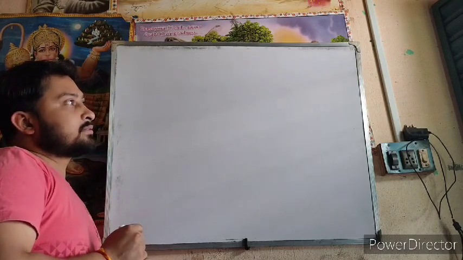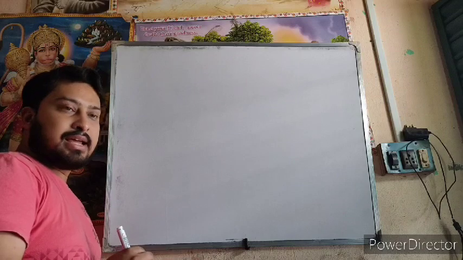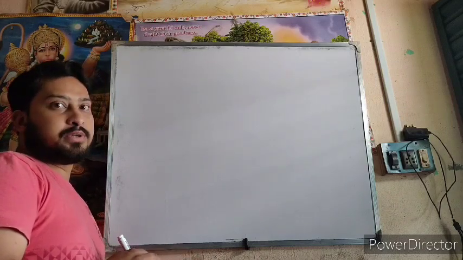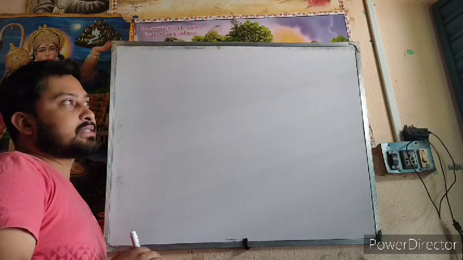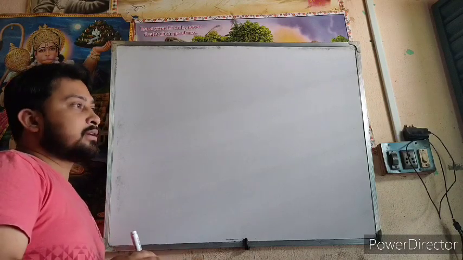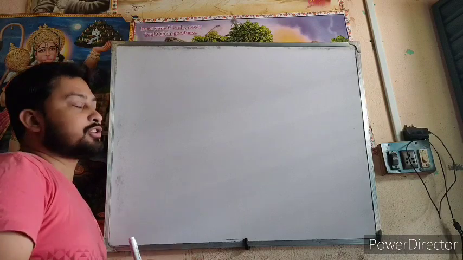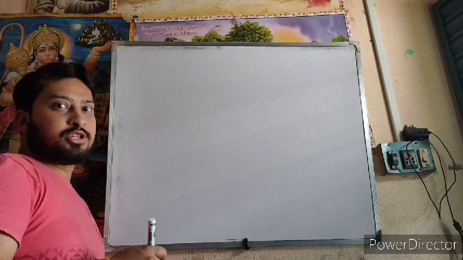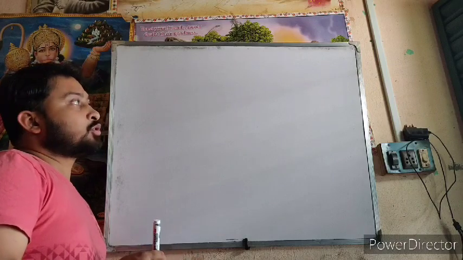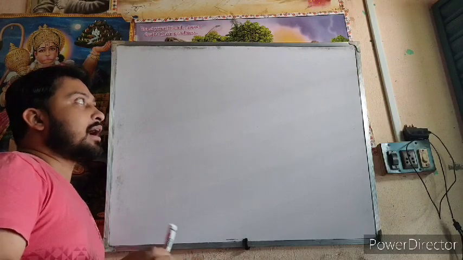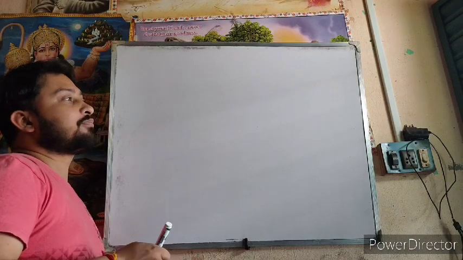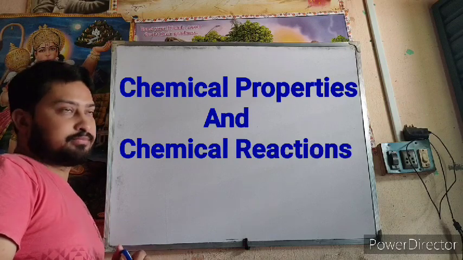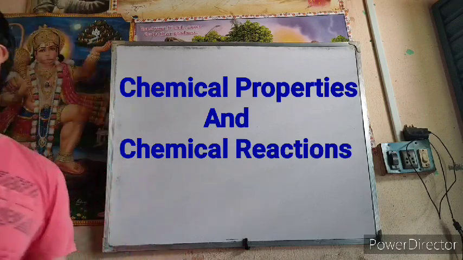I discussed the introduction and the IUPAC nomenclature in the first part of this chapter's video, and I have discussed the physical properties and the preparation methods of alcohols in the second part. Through this third part I am going to discuss the chemical properties of alcohols. So let's go.